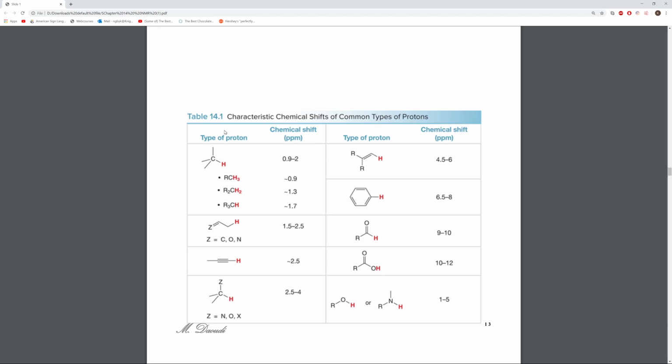So let's compare the tertiary, secondary, primary carbons with something like a carboxylic acid, which is the fourth one down on the right row. If we look at the carboxylic acid, that hydrogen is shifted way downfield, which means it's very deshielded, which makes sense because we have oxygens pulling electrons away from that hydrogen, deshielding it, okay?